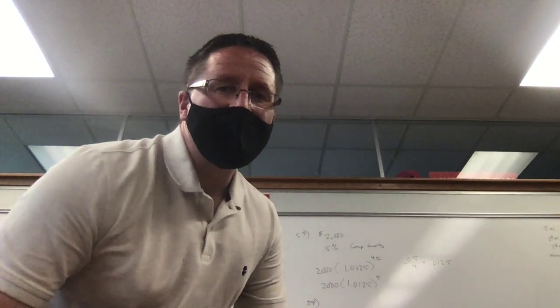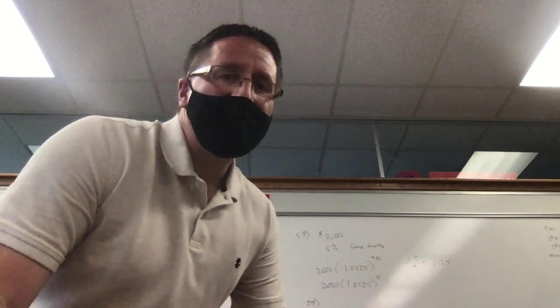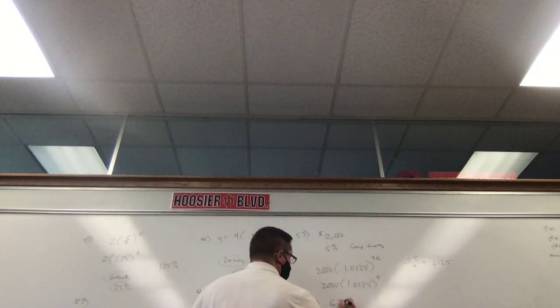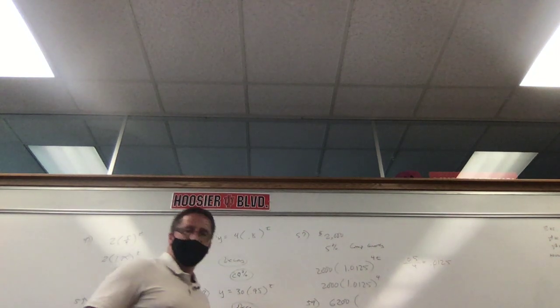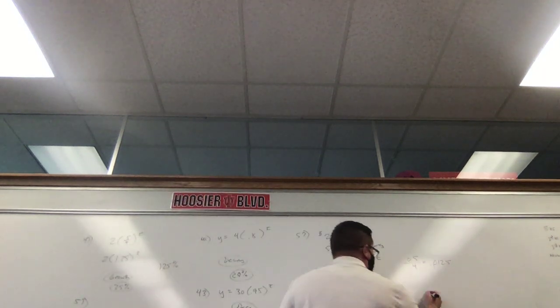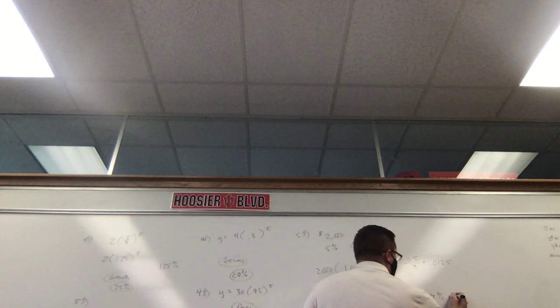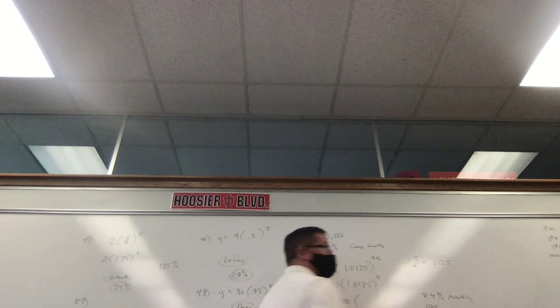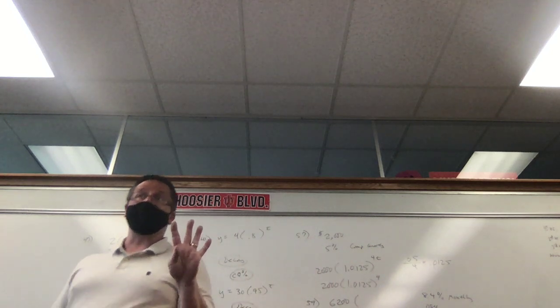All right, one more. Here we have $6,200. So let's just put that down. $6,200, and in this case, it is done monthly. It's 8.4% monthly. So make that a decimal, 0.084. This time divide by not 4. Divide by what? It's monthly this time.